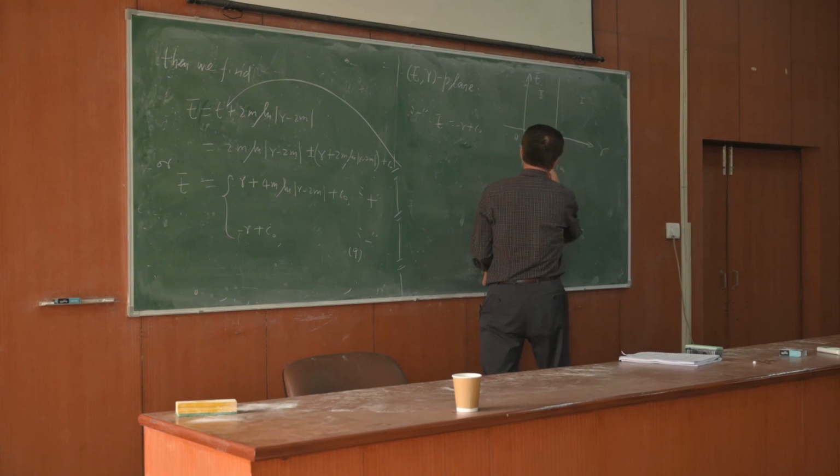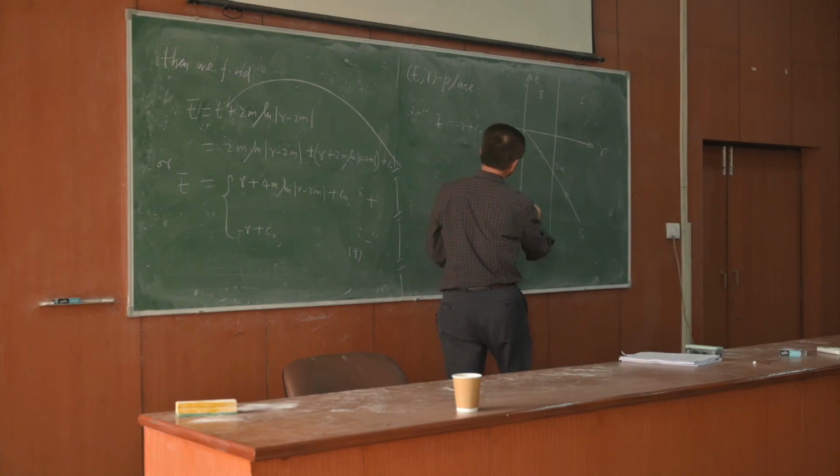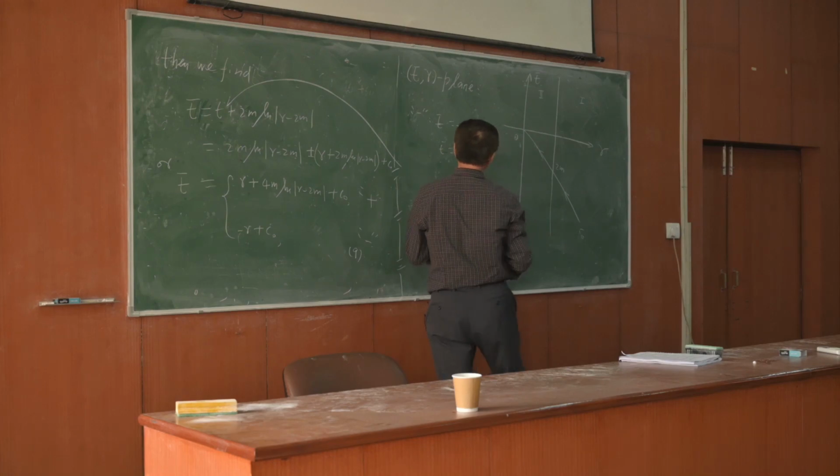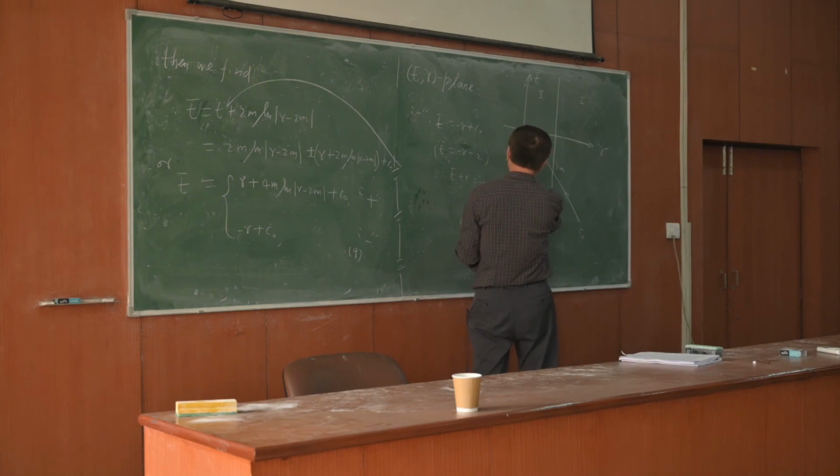This is the ingoing line. What's happening if C0 is negative? T bar equals minus R minus 2, or I can write T bar plus R equals minus 2. When R equals 0, T bar equals minus 2.